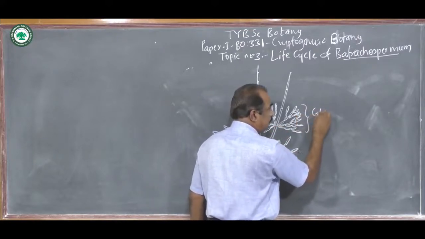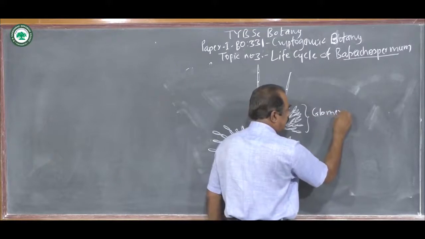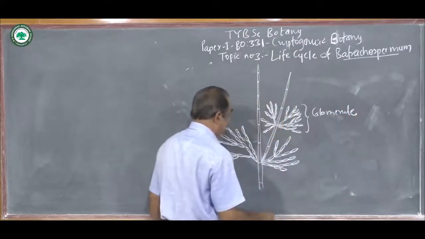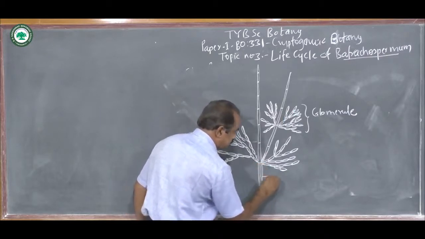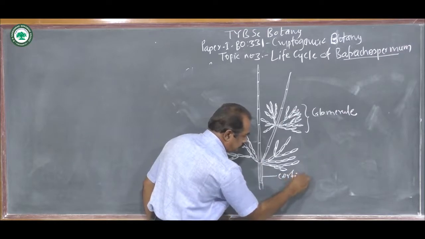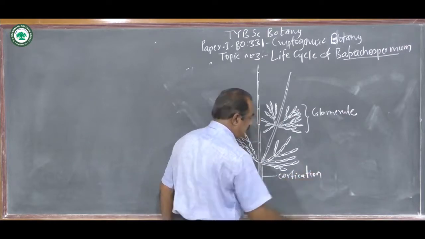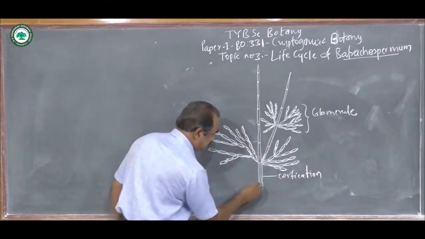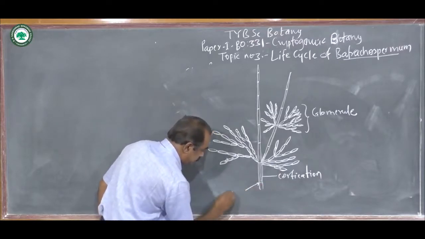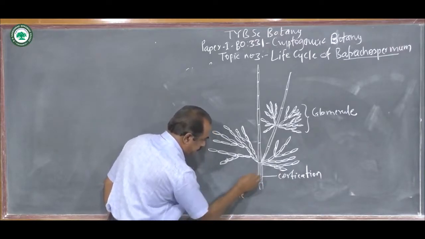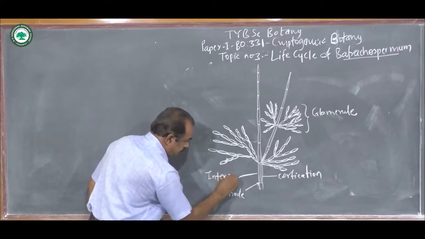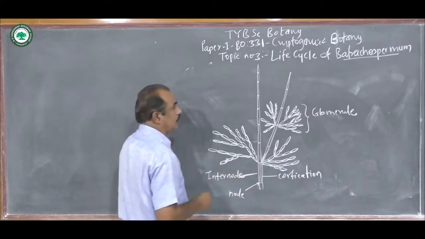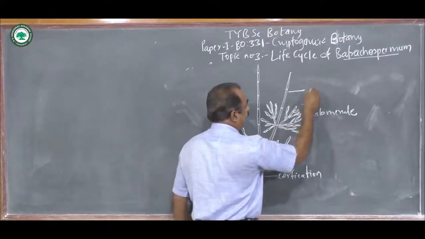This is the glomerule. This is the cortication. This is the long branch.